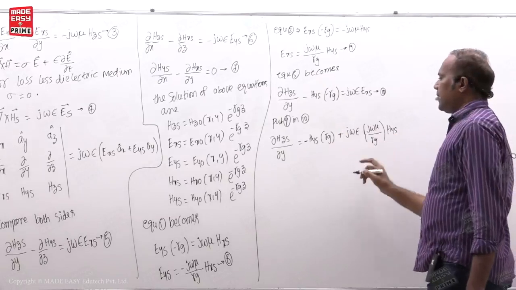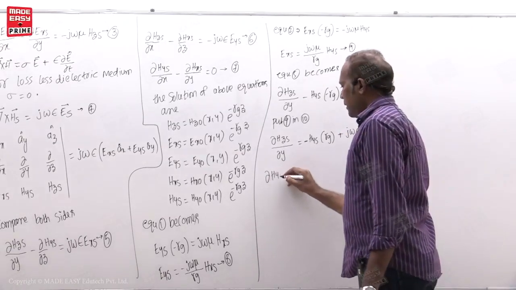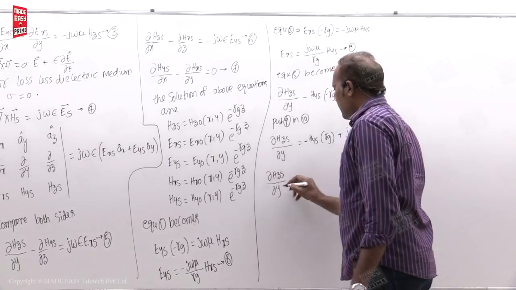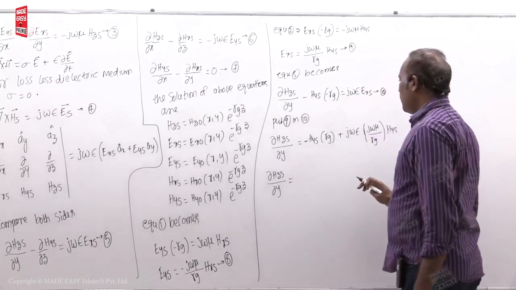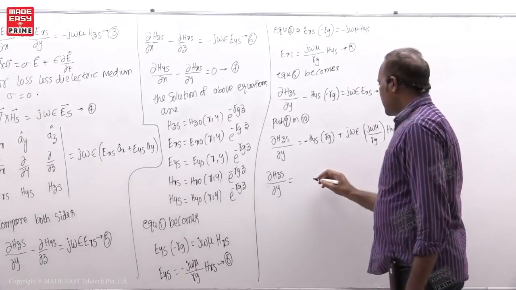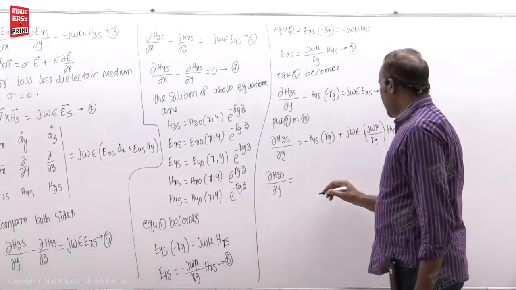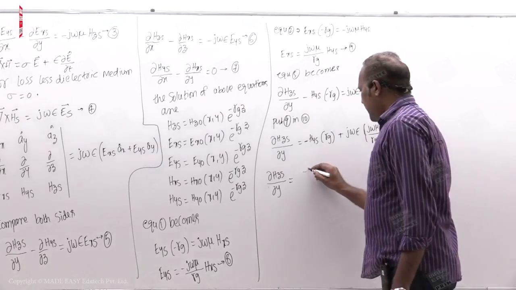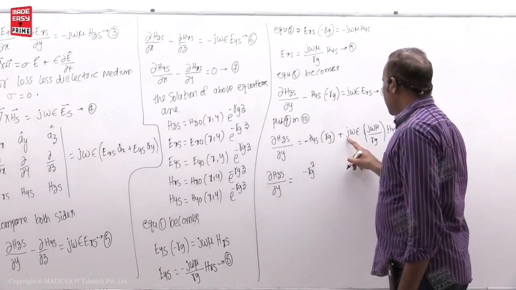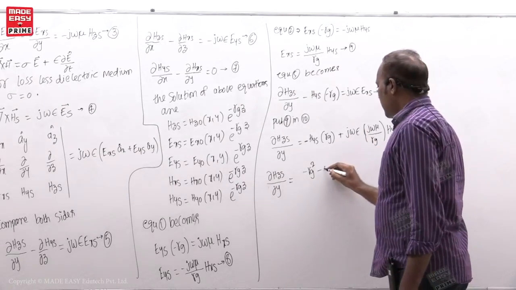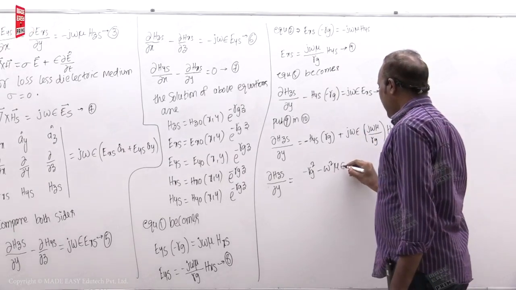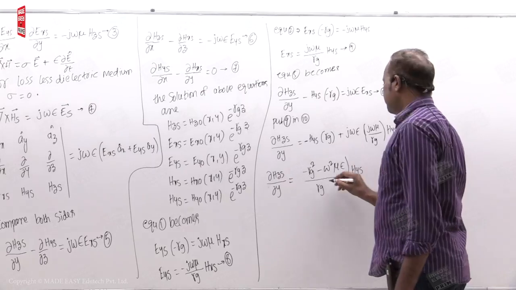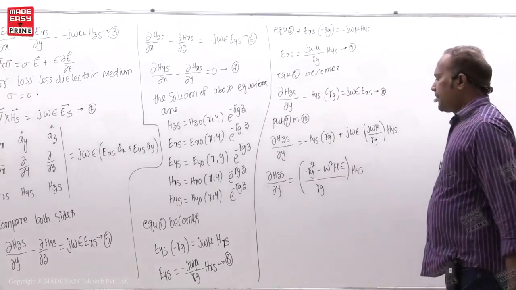So you can pull out Hys here. So ultimately dou Hz divided by dou y is equal to Hys, you common, students, then gamma g also denominator. Then you get minus gamma g square, j into j square is minus 1, minus omega square mu epsilon divided by gamma g Hys.